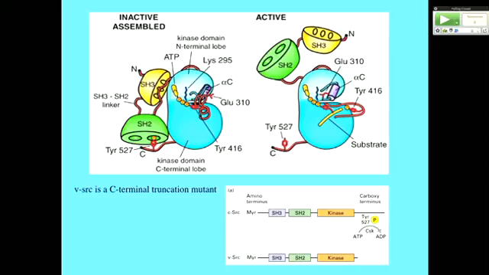And if we remove CSK from cells, that tyrosine becomes unphosphorylated and Src becomes activated. So one way of activating this kinase is by dephosphorylating this tyrosine or preventing its phosphorylation.